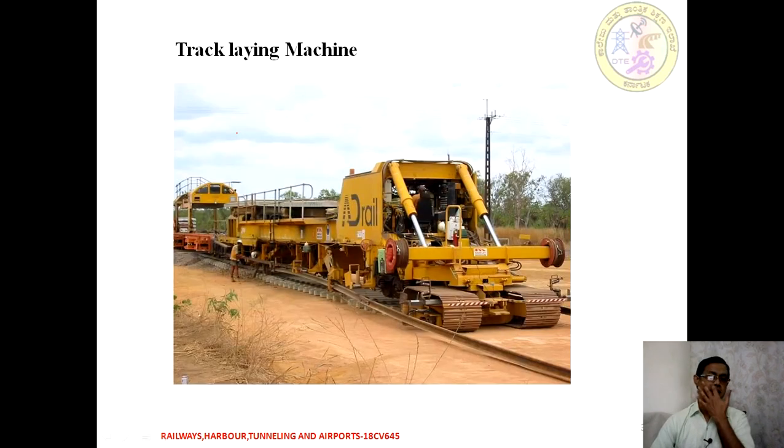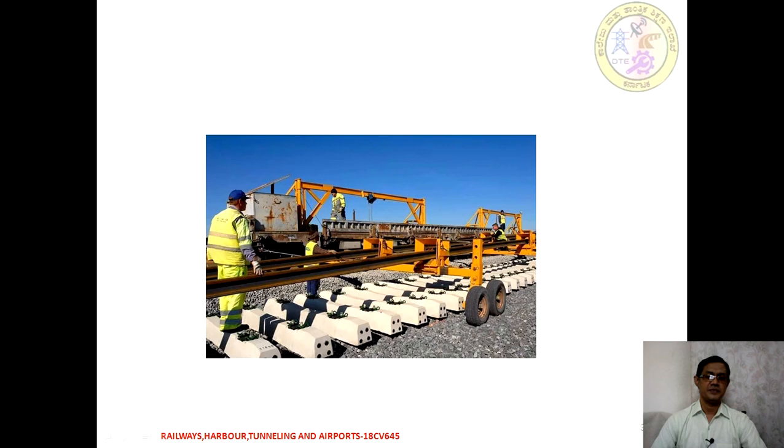This is another view of the track laying machine. Try to see that this crawler wheel is moving, where on one part we have sleepers taken from the depot and continuously supplied to this machine, over which the rails are pulled and placed over the sleepers with fitting.